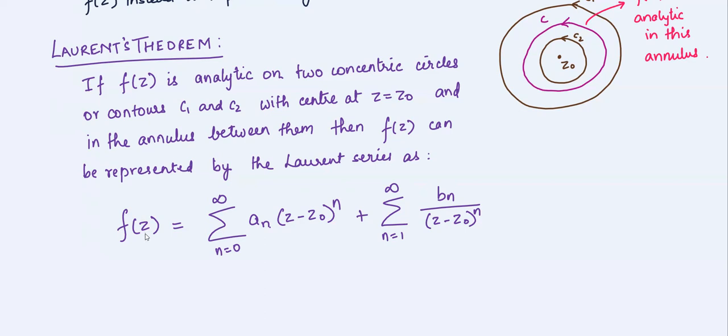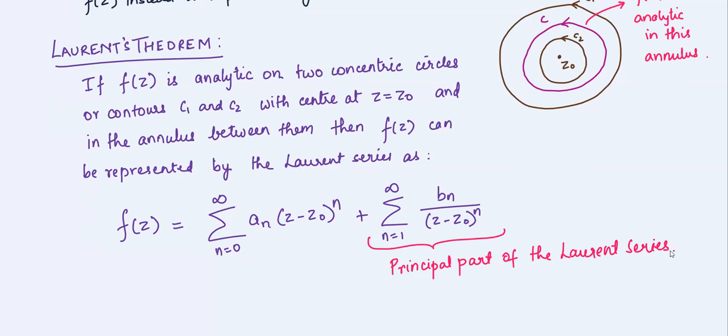If the function is not analytic at z equal to z naught, the Taylor series cannot be used. The Laurent series has to be used like this. Now this part with the negative powers of z minus z naught is called the principal part of the Laurent series.